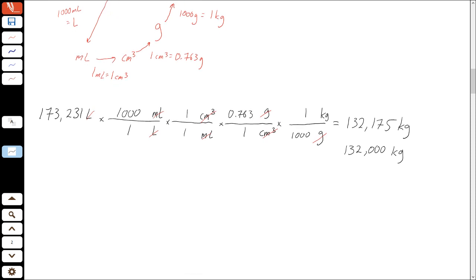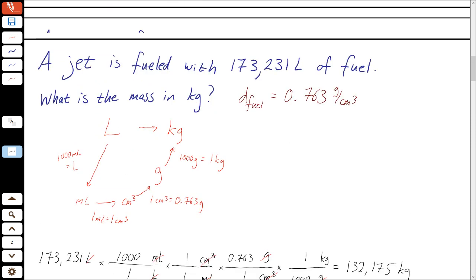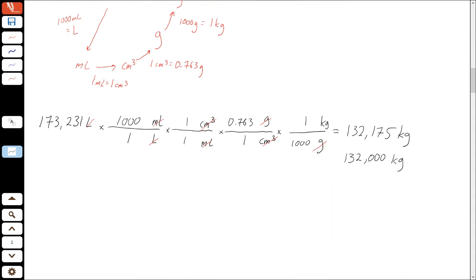Or really the best way to write this is in scientific notation. Why is scientific notation a better way to write that?